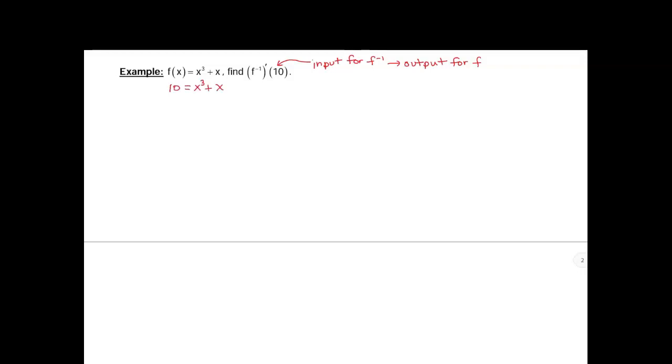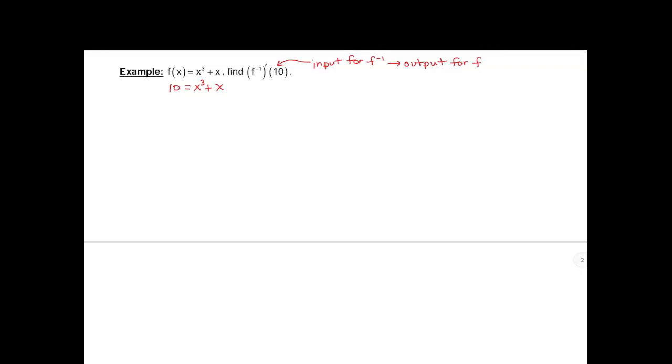Now I know when you see the cubic here, you may want to use your graphing calculator. But in the book, they did not designate these as technology questions. And that is because they want you to pause for a moment and analyze the equation, because you could come up with a value for x quite easily that would give you this 10. So what number cubed plus that number would give you 10?